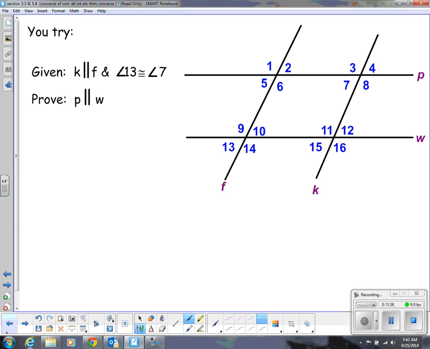And then we're going to do section 3.4. On 3.4, you're going to do problem 6. What does 6 look like? All right. Then 16, public transportation. Then 18 through 20.